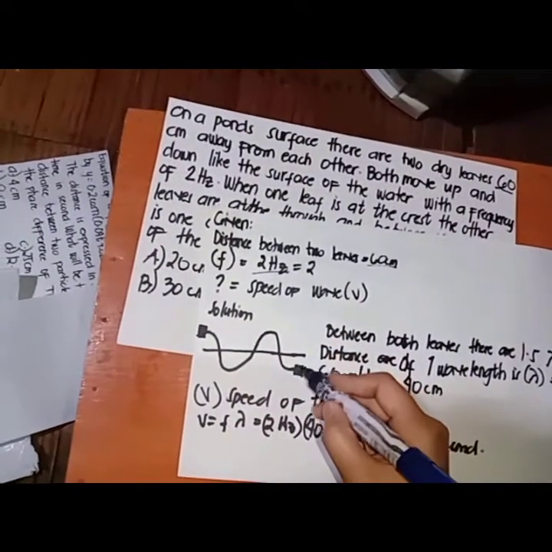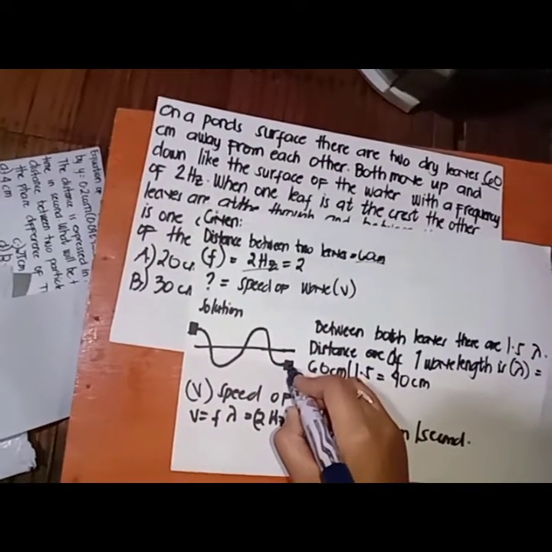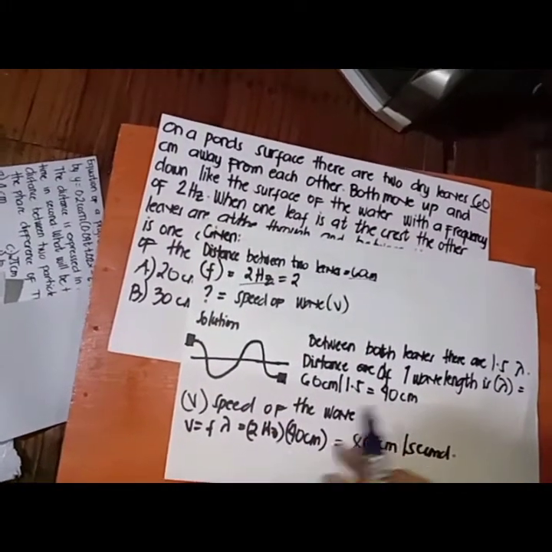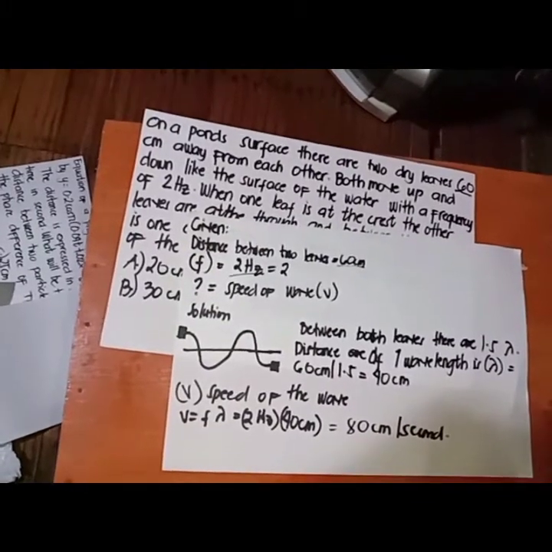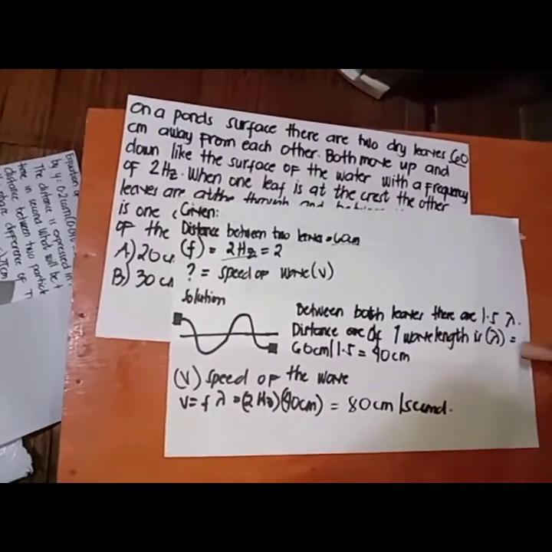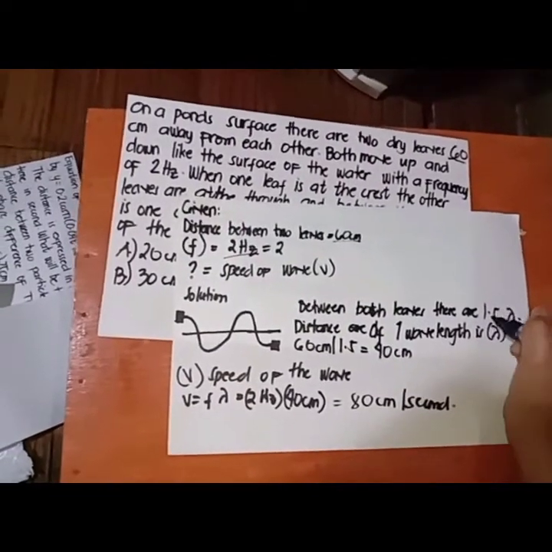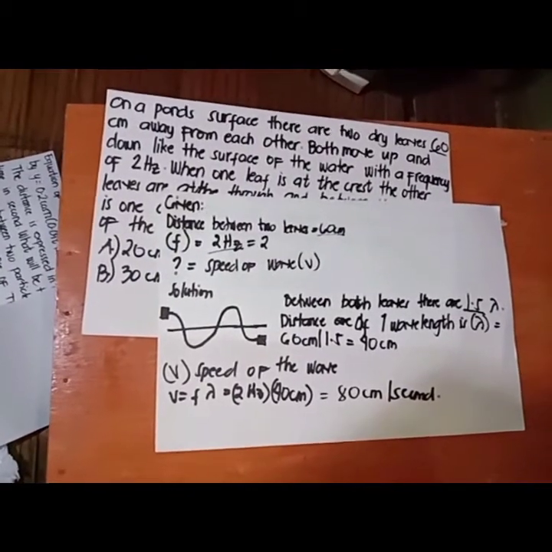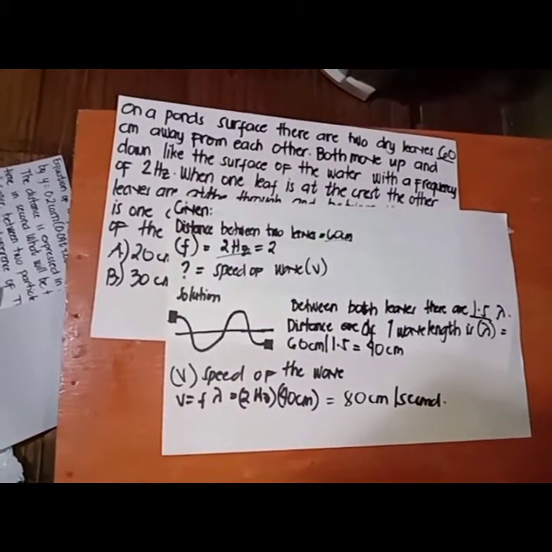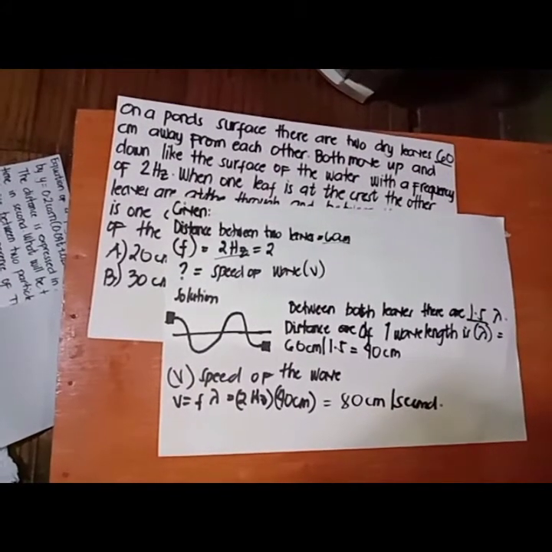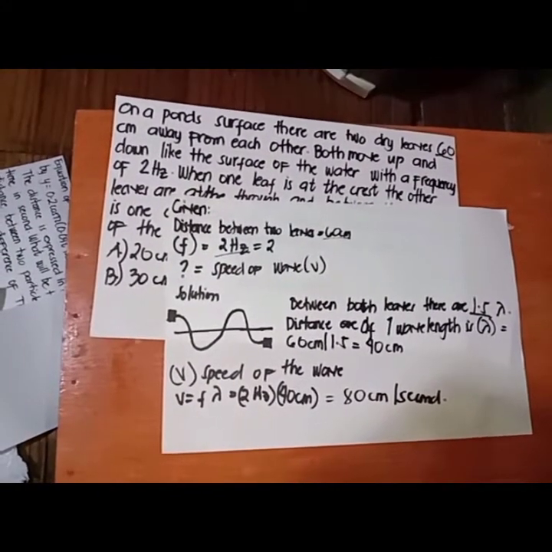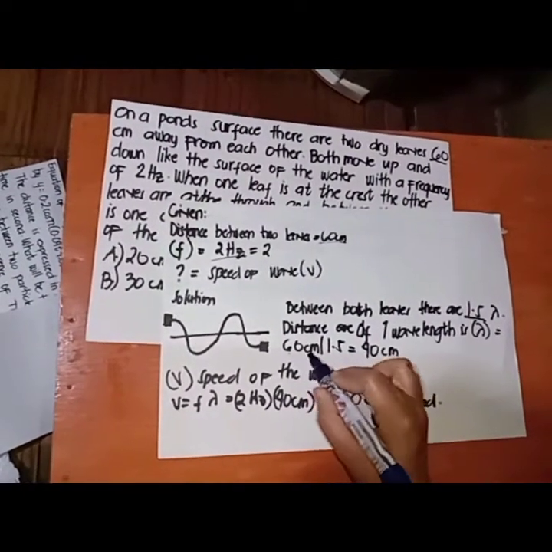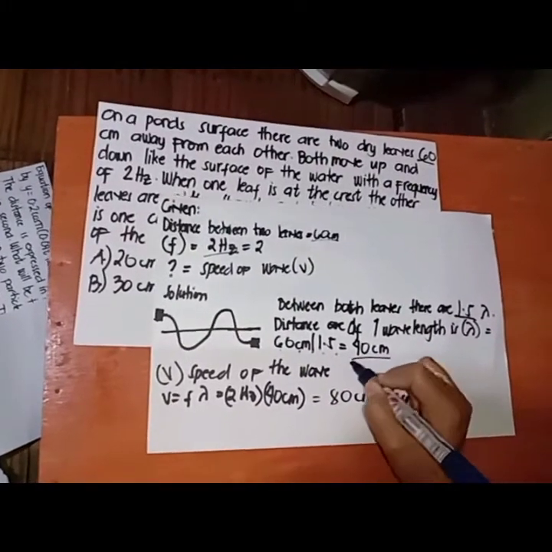This is the first leaf and this is the second leaf, which are 60 centimeters away from each other, and they span 1.5 wavelengths. Since they have the same wavelength, we need to get the distance of the wavelength. So 60 centimeters divided by 1.5 is equal to 40 centimeters.